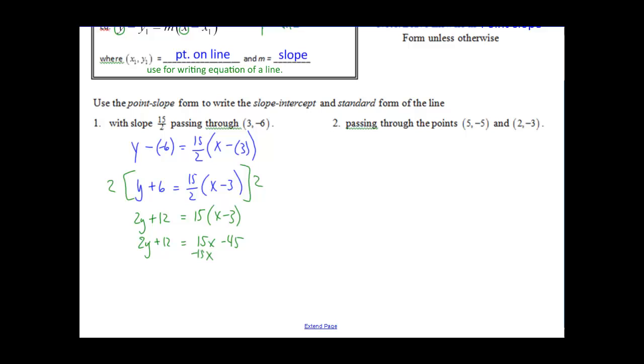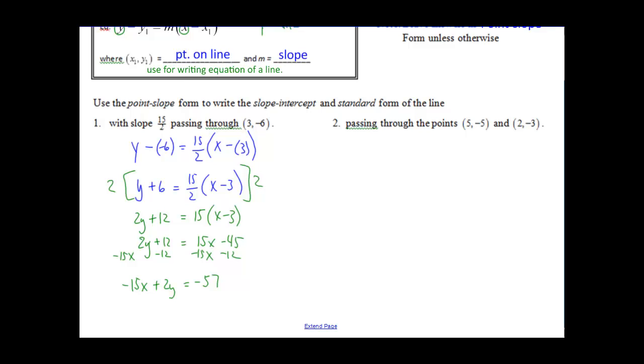Then we can solve for x and y. If we subtract 12 over the other way and subtract the 15x over, we're going to get negative 15x plus 2y equals negative 57. So that's almost in standard form. One thing we are going to say is they are integers, so negative 15, 2, and negative 57.